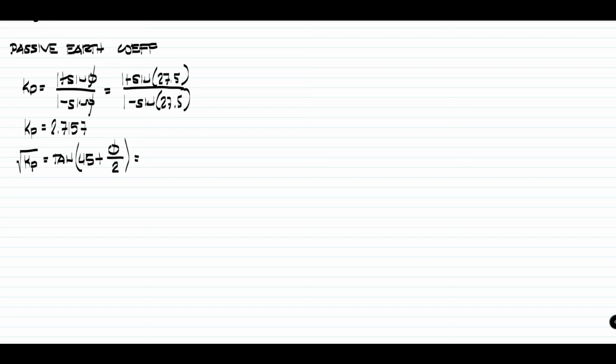So, that is just equal to the tangent of 45 plus 27.5 over 2. So, the square root of Kp now will just be equal to a value of 1.6479.